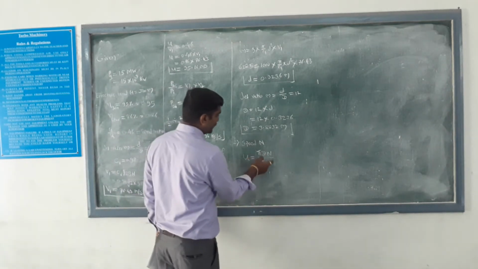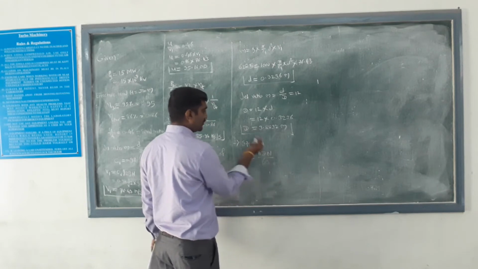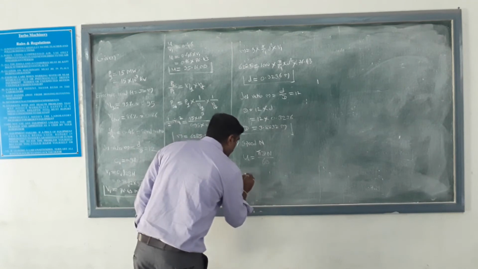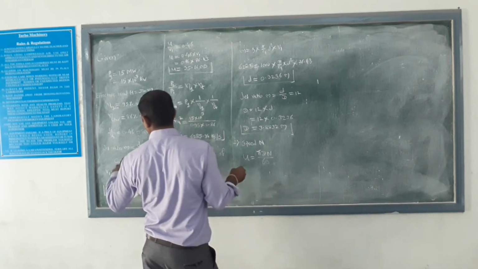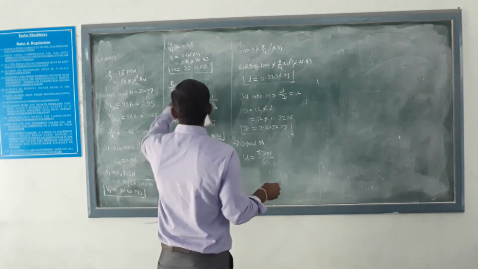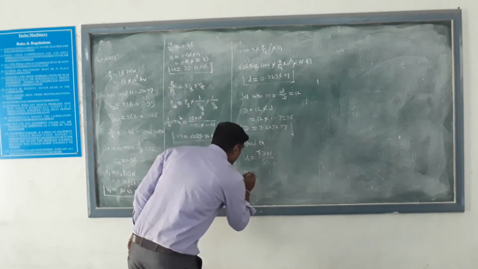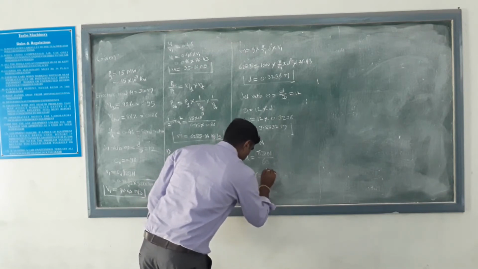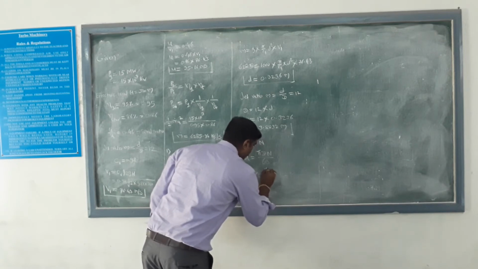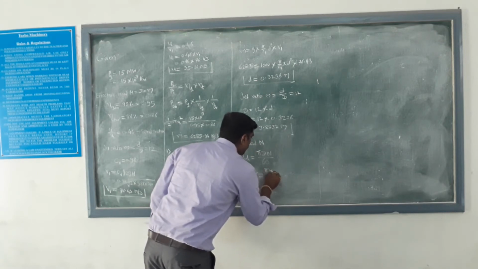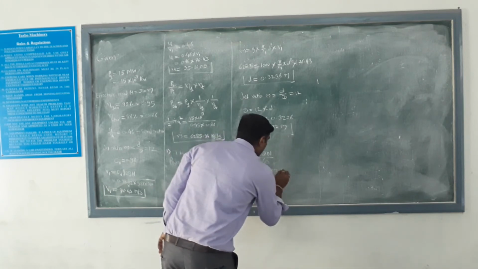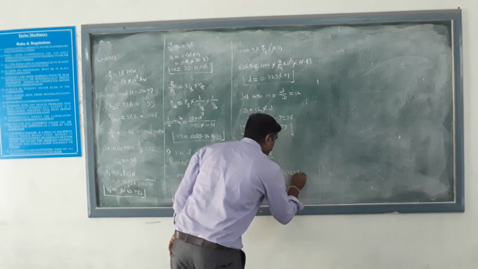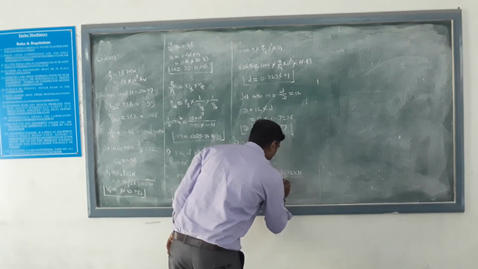Here we know diameter, here we know u, so find out N. What is the value of u? 35.16 equal to pi into 0.8832 into N upon 60.